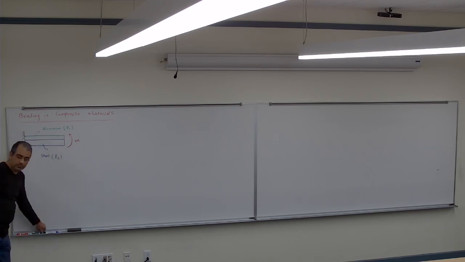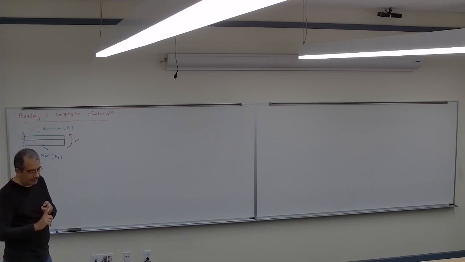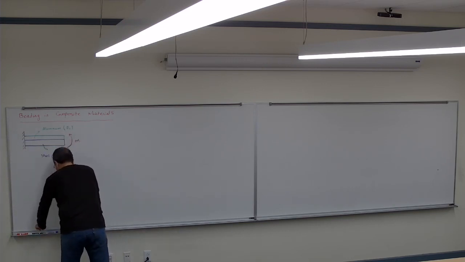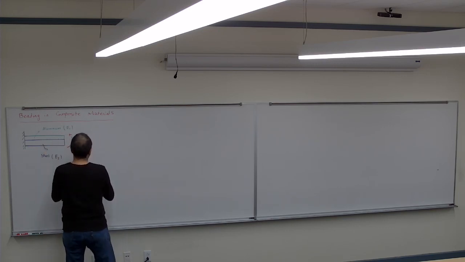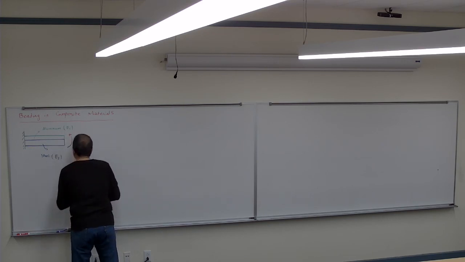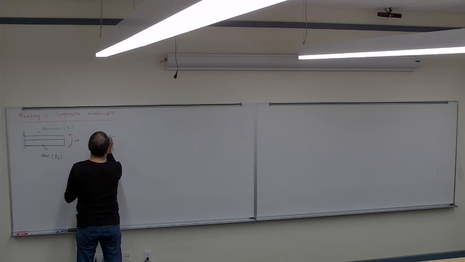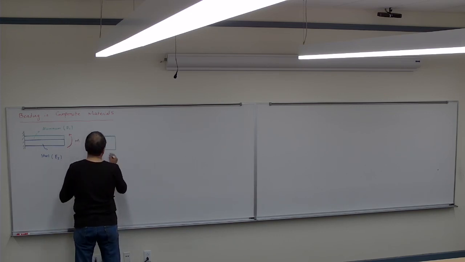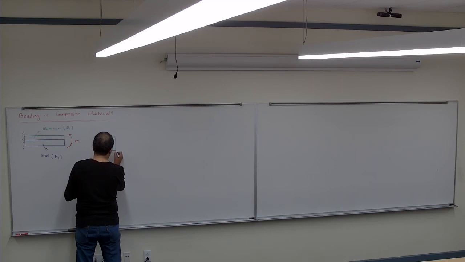So if I want to draw that, there are 2 things that I will draw. I'm going to draw the cross section here. I'm going to make the cross section bigger so I can see it. So assume I have the aluminum part, and then I have the steel. It looks like this.